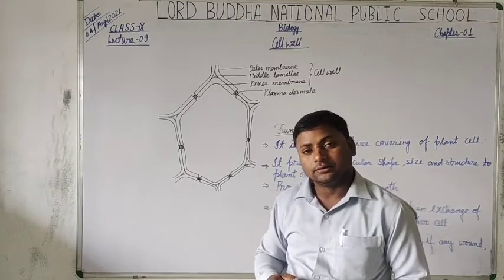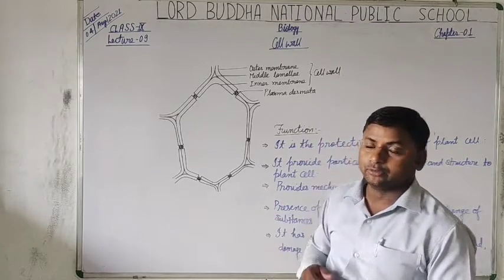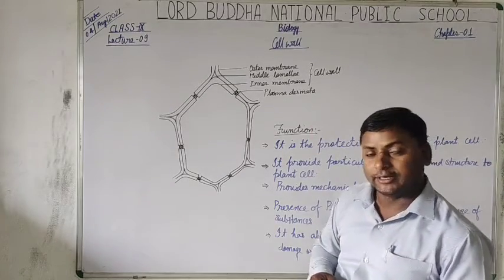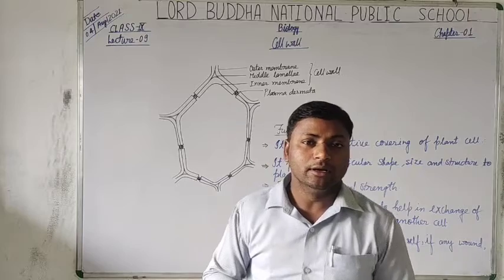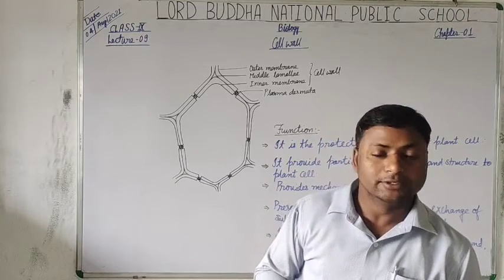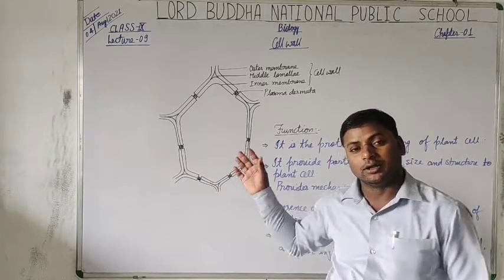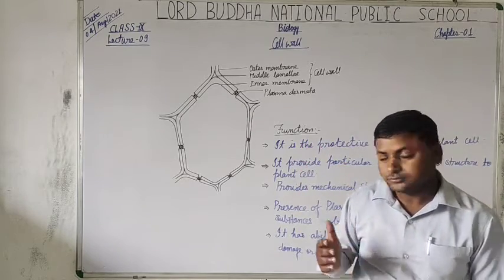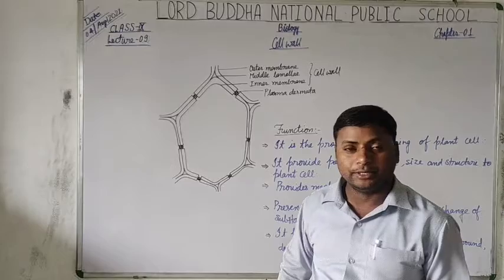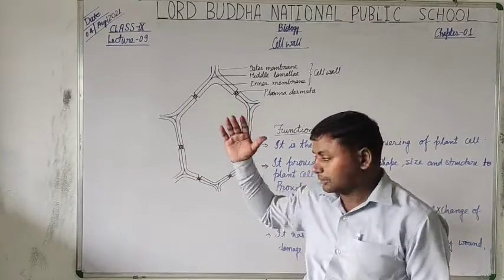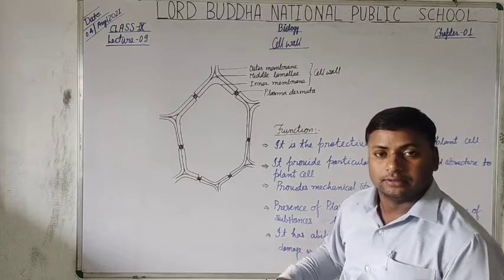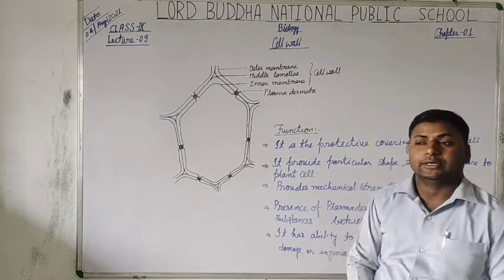In this lecture we are going to discuss the cell wall, which is only found in the plant cell. Yes students, the cell wall is only found in plant cells. So let's begin with the diagram and its most peculiar characteristics.